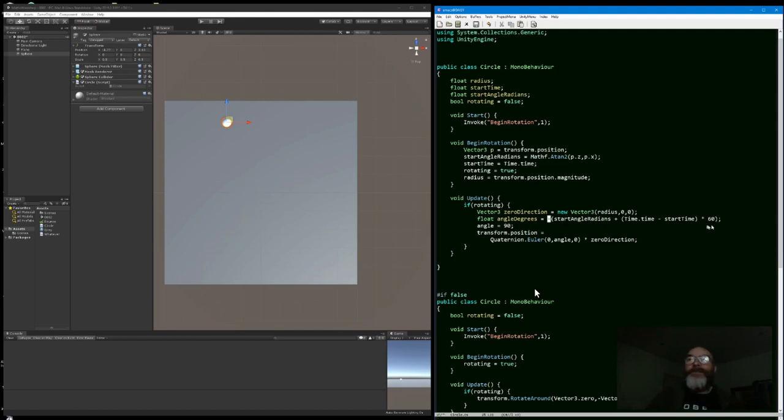I can multiply it by Mathf dot, hang on a minute, because this 60 is in degrees.